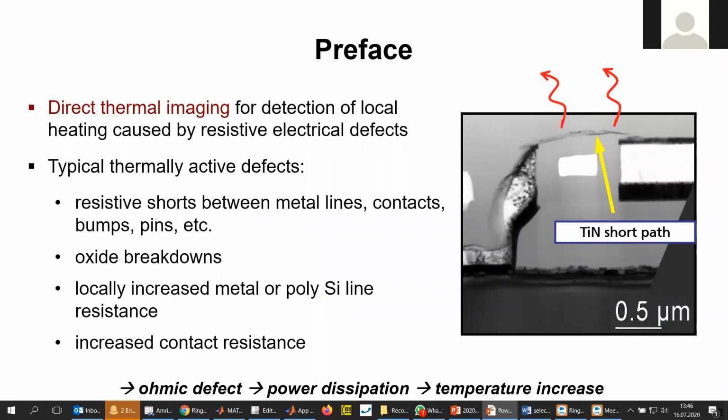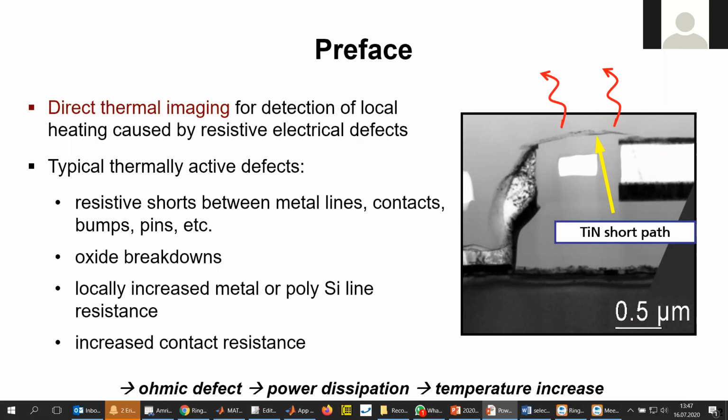A few words on the topic before I start the tutorial. In microelectronics failure analysis, we employ lock-in thermography to localize thermally active regions that indicate resistive defects. Such defects can be resistive shorts between metal lines, between contacts, bumps, pins, etc. It can be oxide breakdowns.